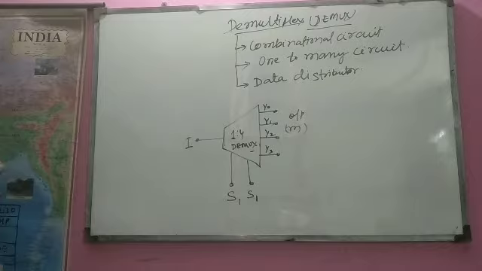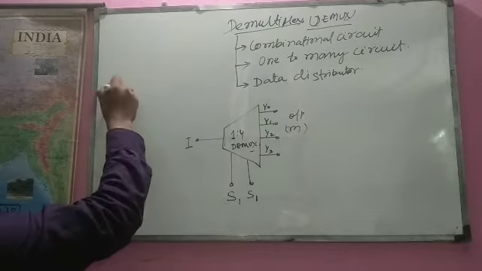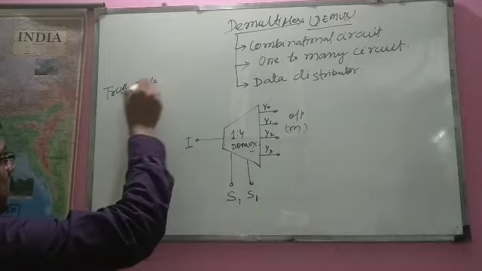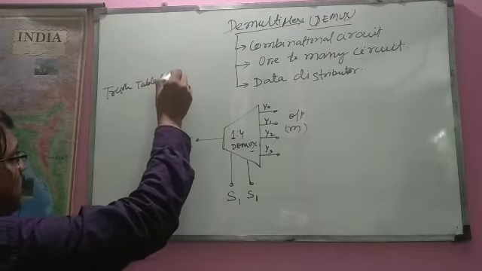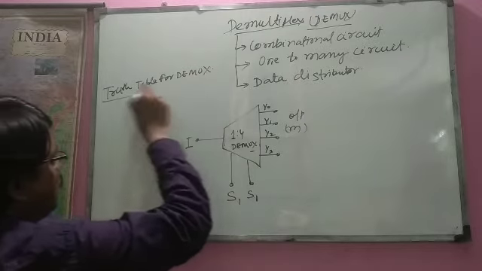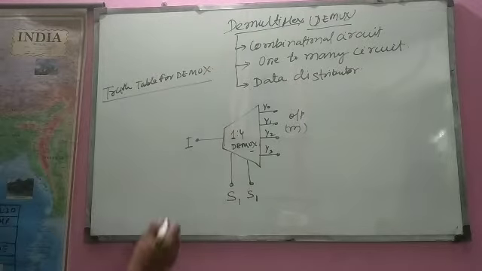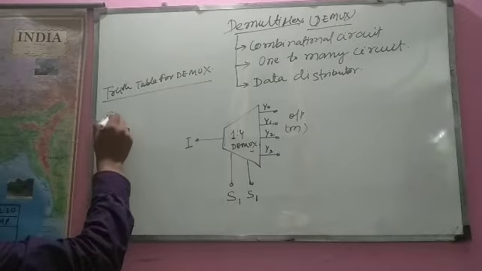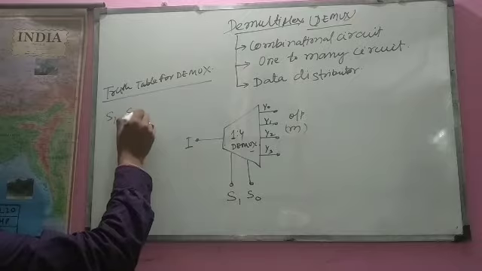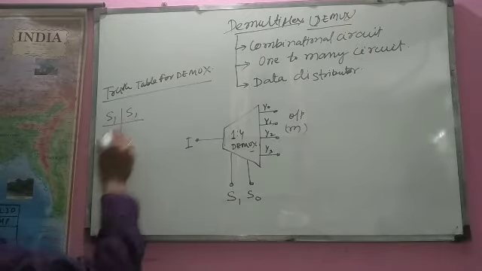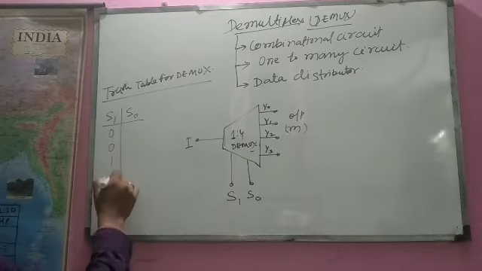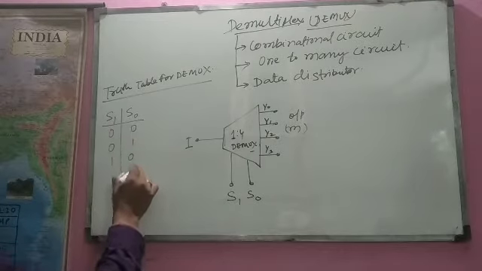So first we will make a truth table for DMUX. Let us suppose here it is S1 and here it is S0, with values 0 0 1 1 and 0 1 0 1.